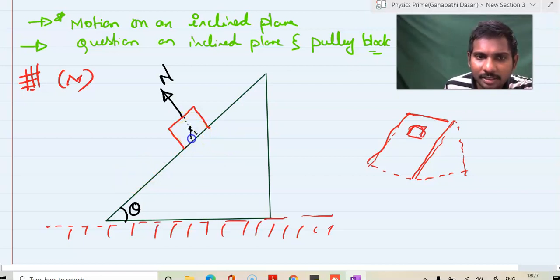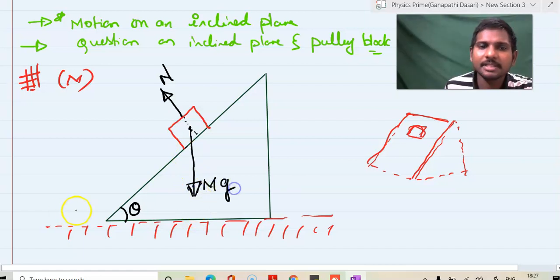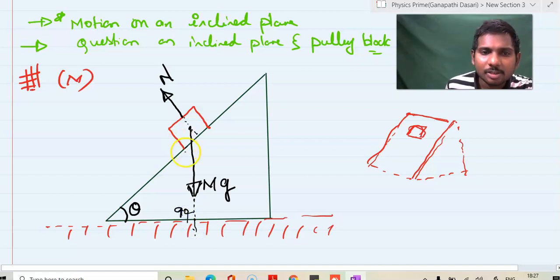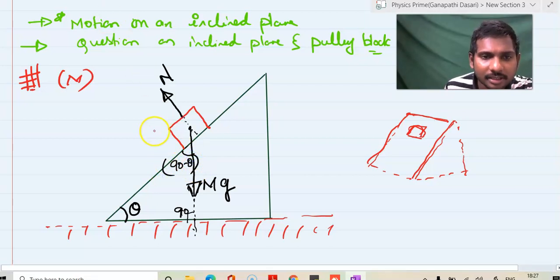Exactly, it will act on the center towards the ground, mg. If this is theta, if you observe this is 90 degrees and this will become 90 minus theta. Very carefully you need to understand.